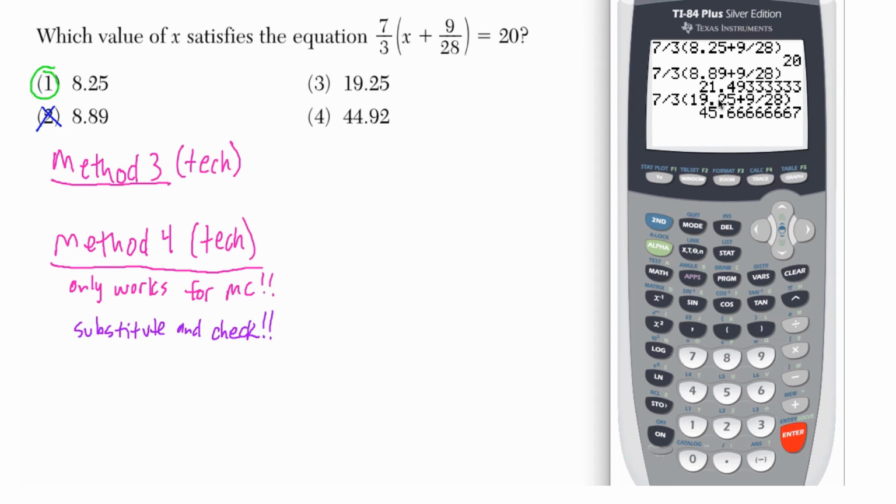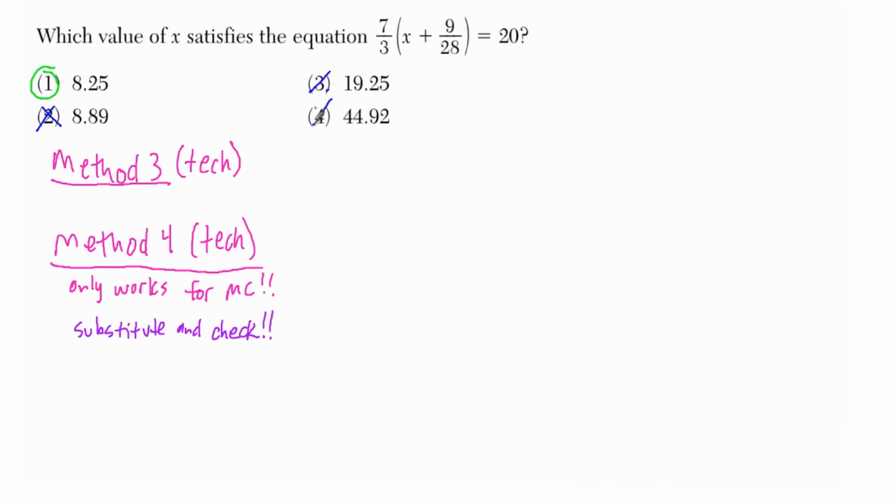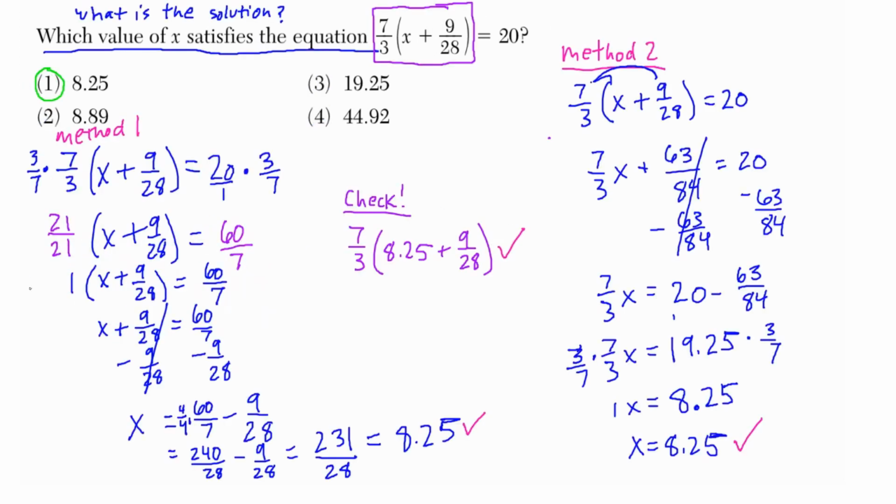And 44.92 would, again, produce something that's not 20. And so by using method 4, which is the cheat method, that's why I saved it for last, because the other ones are so much better. But it gets you the answer. And again, it only works for multiple choice. If this were not a multiple choice and this were a short answer question, you would have to go through and choose one of these other methods here.